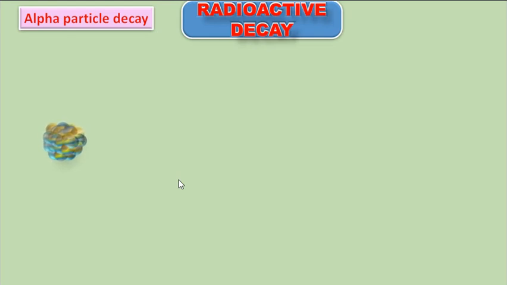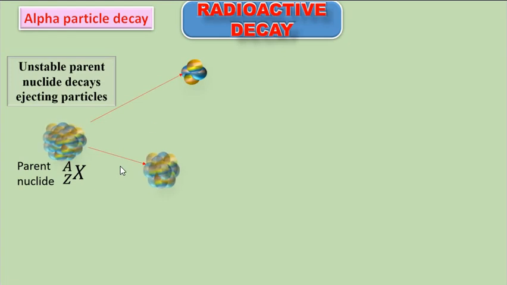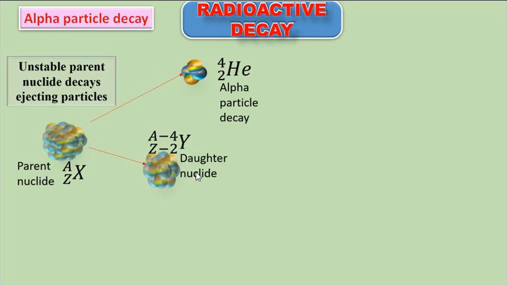Decay. Can you see it? It's excited. That excitation means this unstable parent nuclide is going to remove some particles. What happened? It ejects an alpha particle. That's alpha particle decay. And then the daughter nuclide is another element that is formed.